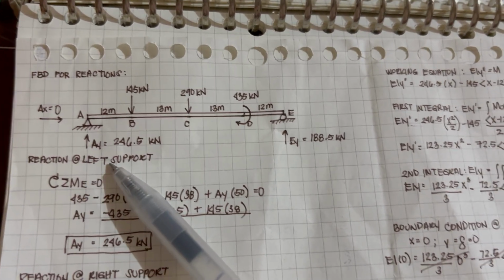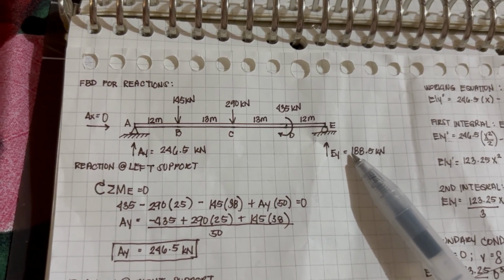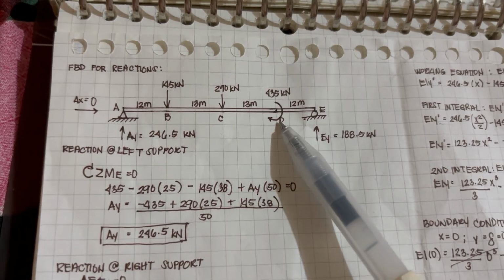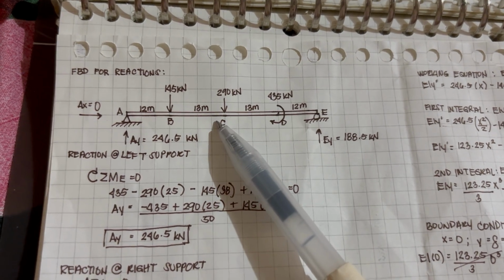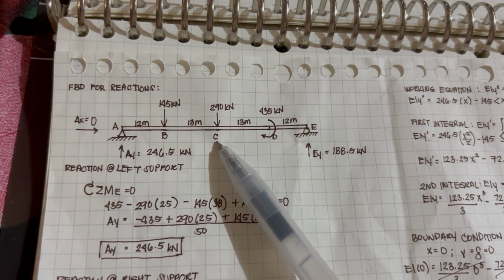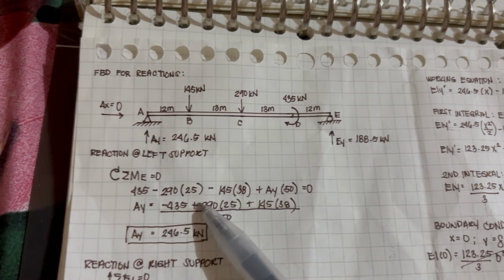We will start from point E, the start of the moment. We'll have the positive 435 from the couple, then the force of 290, which is negative, times the sum of lengths 12 and 13, which is 25 meters.